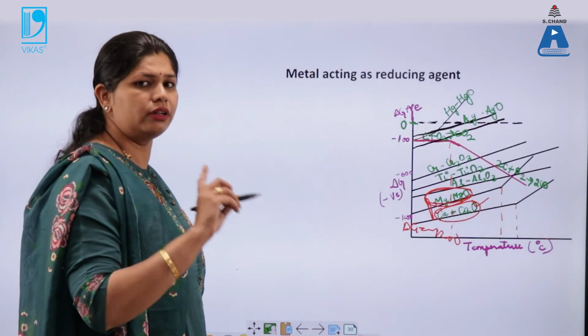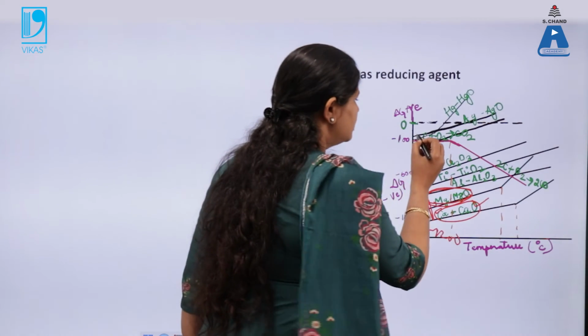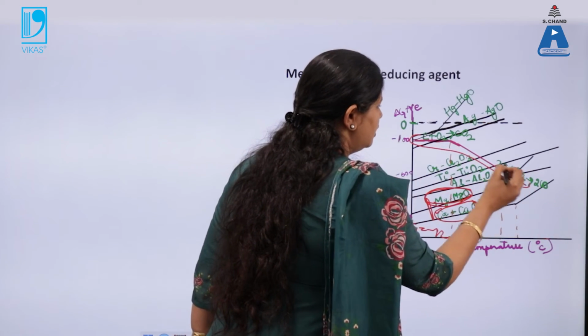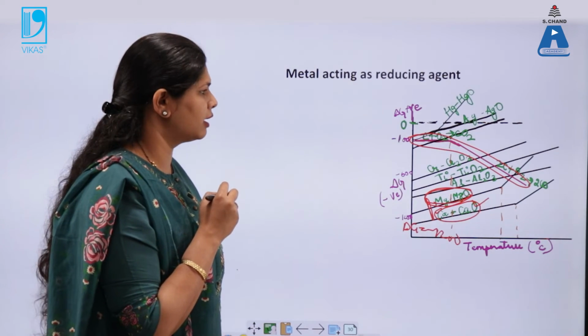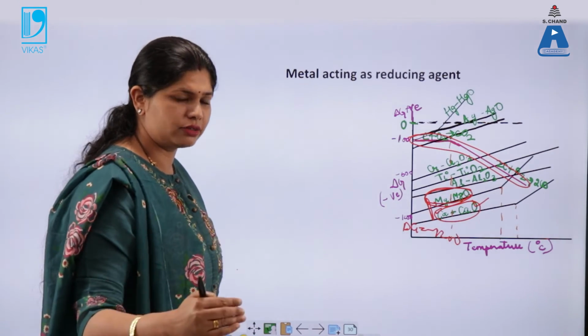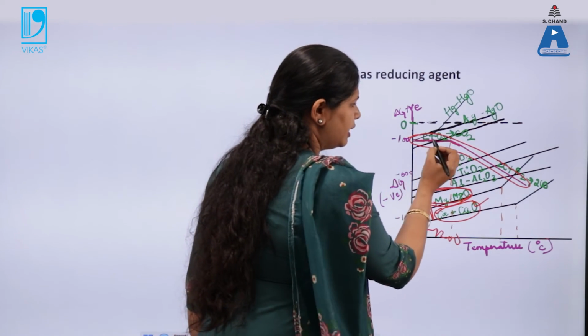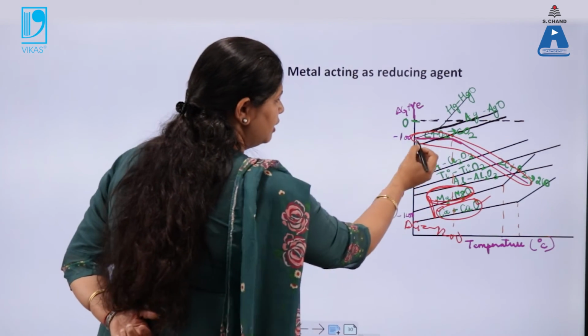The last but not the least feature is this line. This is the only special line you can see in the Ellingham diagram that represents a negative slope. A negative slope indicates that here what is happening?